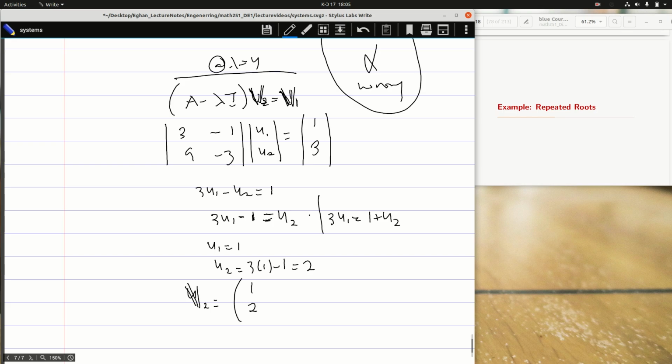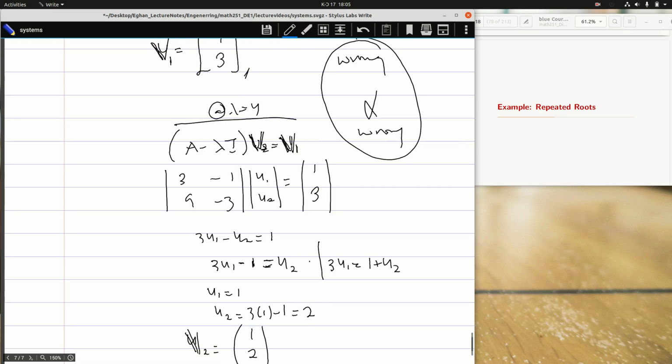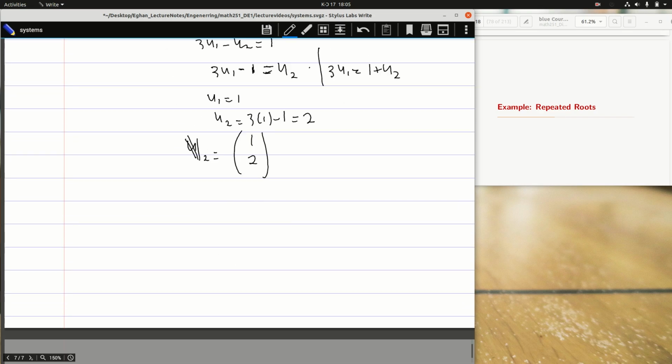So I'm done solving for v1 and then v2. So I can write my solution out as a fourth step. The solution becomes c1 v1 e to the lambda t plus c2, it's going to be the multiple of t times the first eigenvector plus the second eigenvector of your solution.